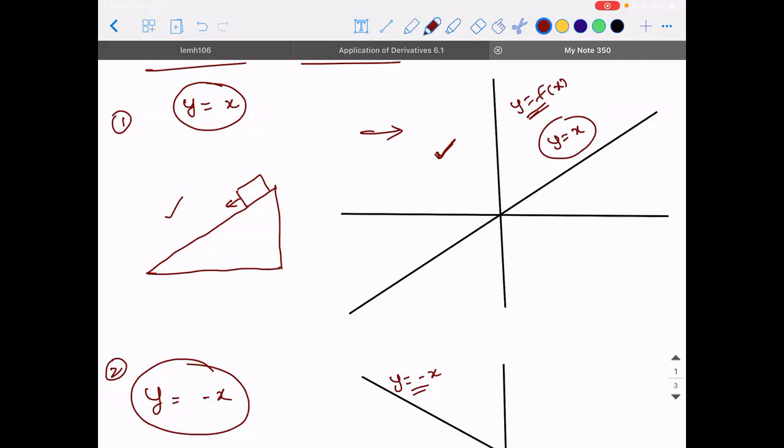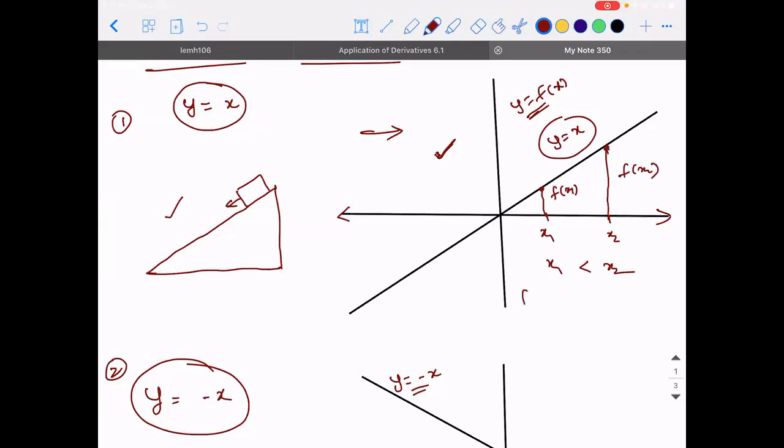So if I move from left to right along the input axis, I am going to check how the output values are going to change. That is, if I take a point x1 and x2 here, if I have to frame a relation between them, what do I say? Less than, greater than, equal to? x2 greater than x1. x1 is less than x2, right? If I drop a perpendicular here, then this is f of x1 and this is f of x2.